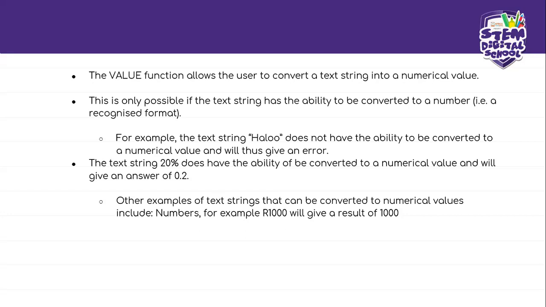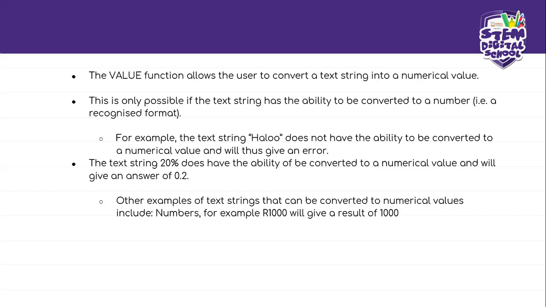The first one has text, so it can't be converted, but the 20% can. Can you see the difference? The first one has letters, the second one has numbers and a symbol.